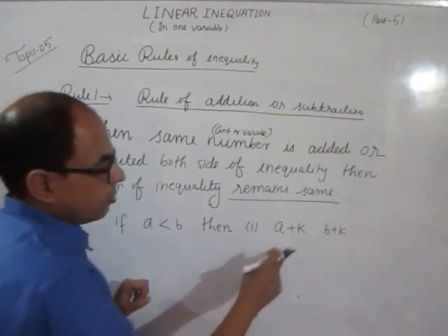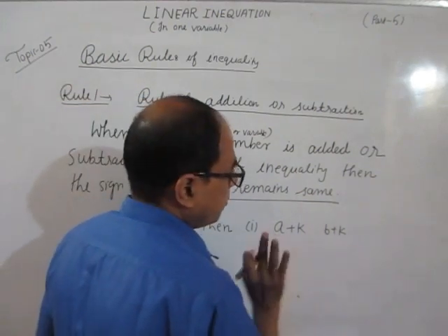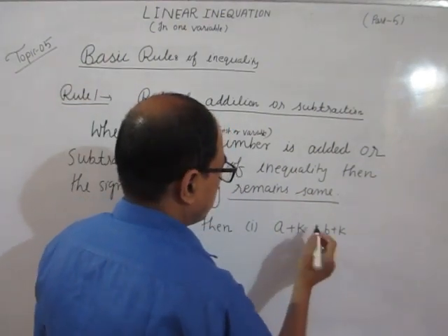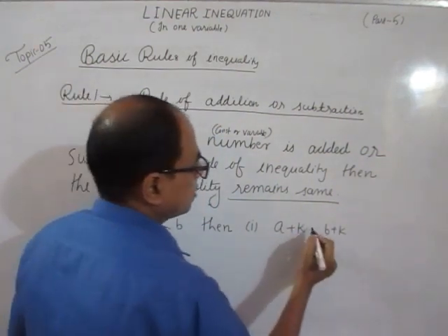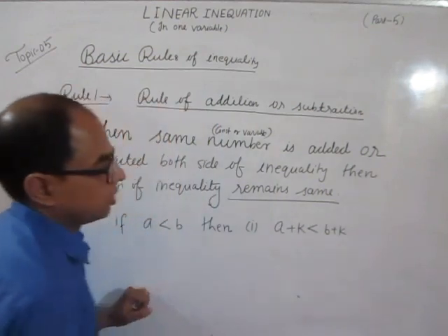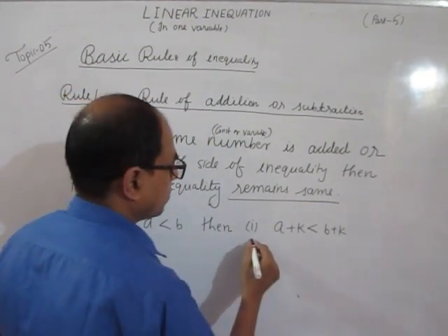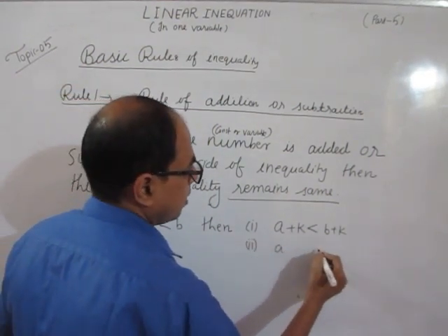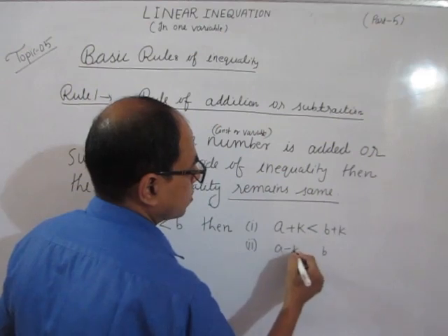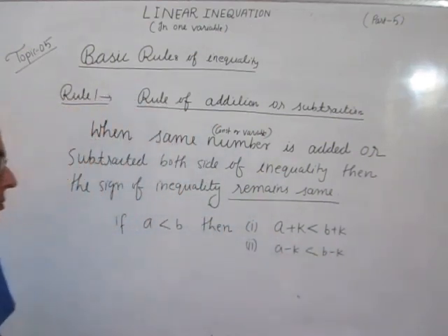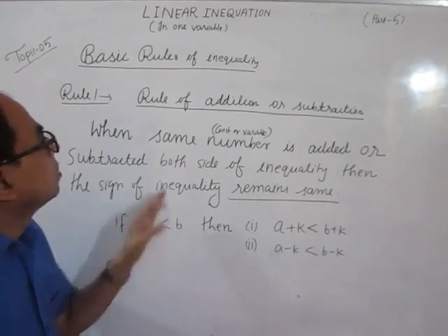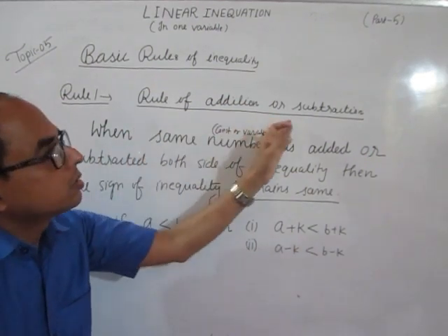So if the same number is added to both sides, the sign of inequality remains the same, it does not change. And the same is true for subtraction also. A, B, now subtracting k from both sides, the sign of inequality remains the same. So this is the rule of addition or subtraction.